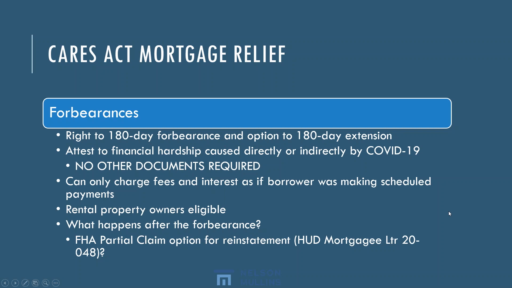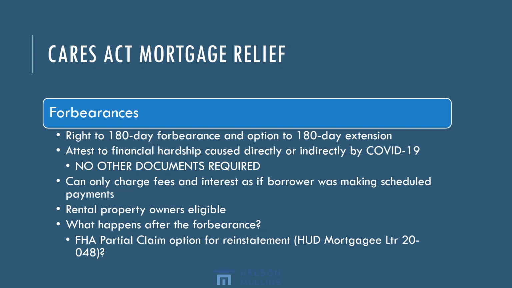The forbearances that are authorized and required, actually, if requested, are the most significant financial relief available to consumers through the CARES Act. All they have to do is request the forbearance and provide some kind of attestation to having a financial hardship that's caused directly or indirectly by the COVID-19 situation.